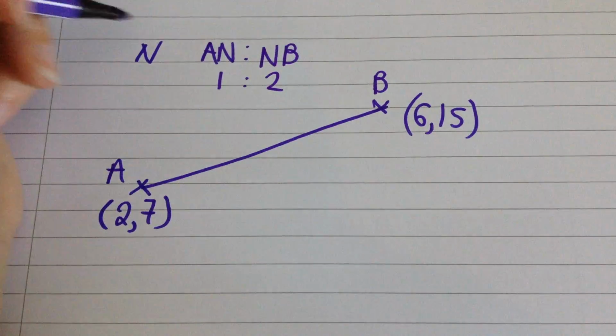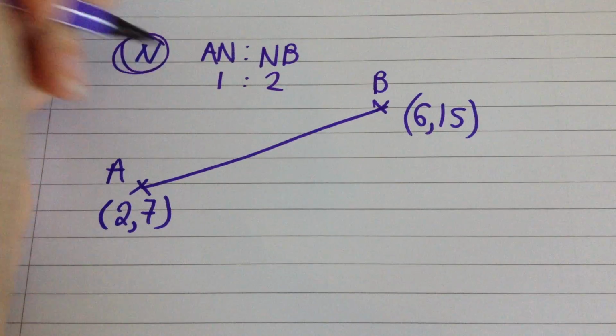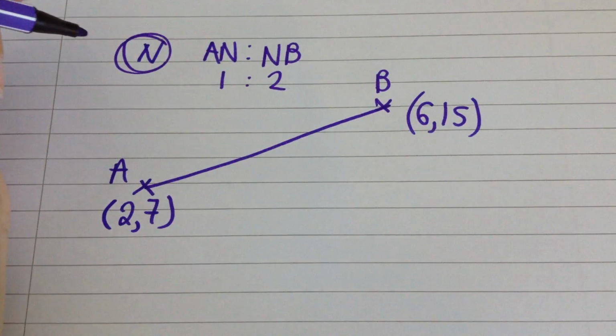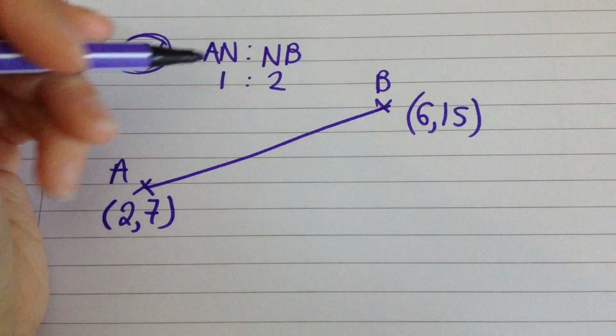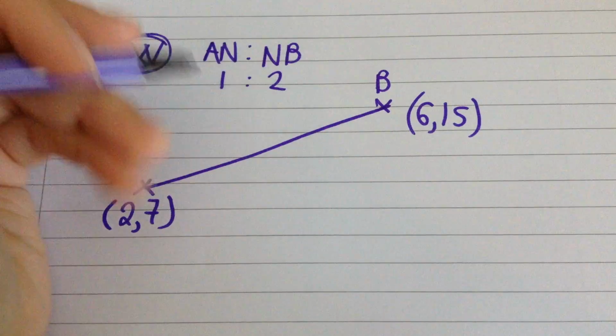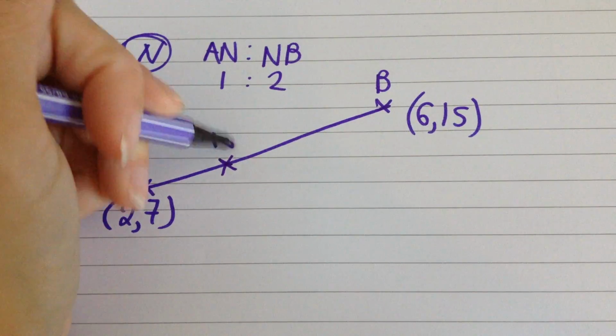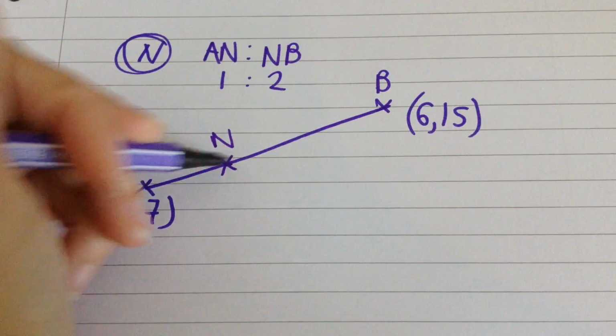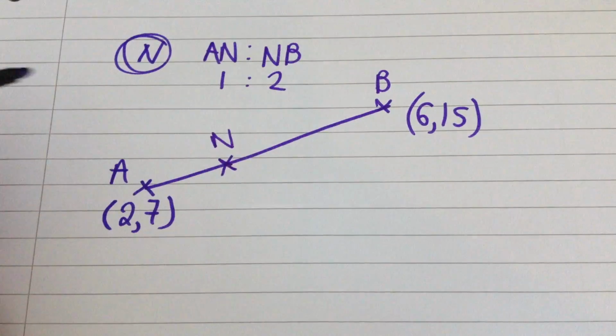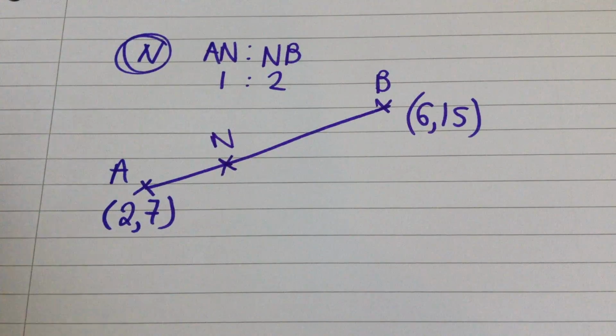You've got to work out where N is on this line segment. A to N is 1 and N to B is 2, so N has got to be closer to A than to B. This is one part, and this is 2 parts. So we need to work out a rise and a step.